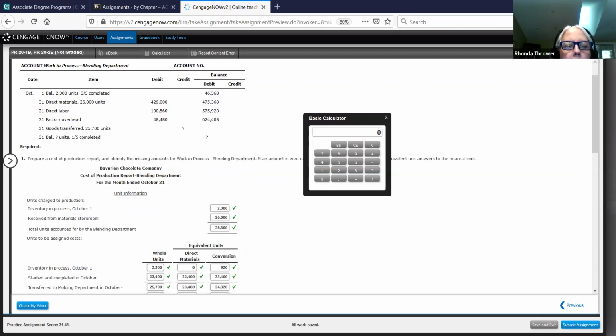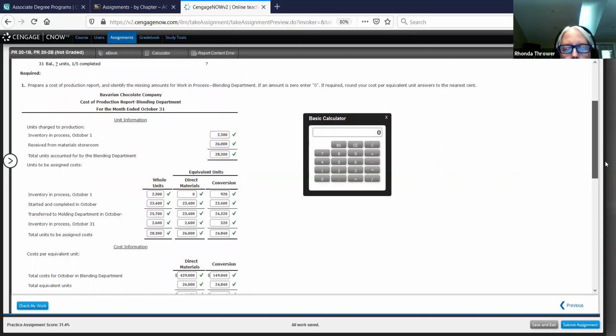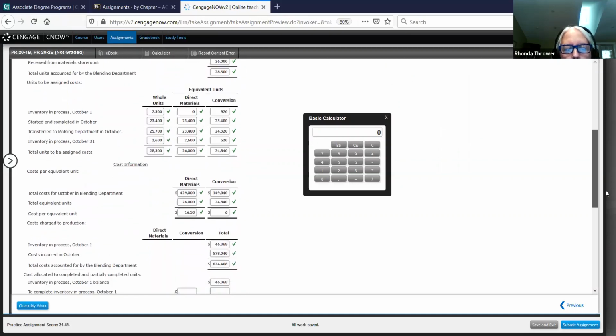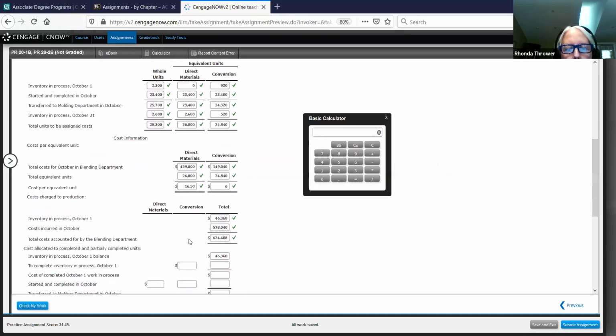What we have to determine is what the remaining costs are that we are completing of those 2,300 units that were 3/5 complete last month. We've got to get the conversion cost calculated for this month. Notice there is a blank here for the conversion cost.